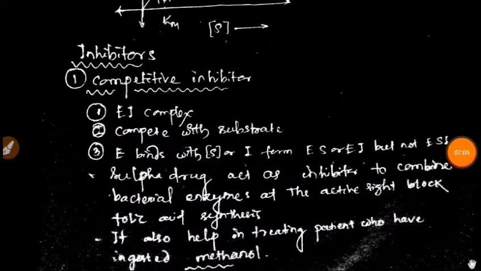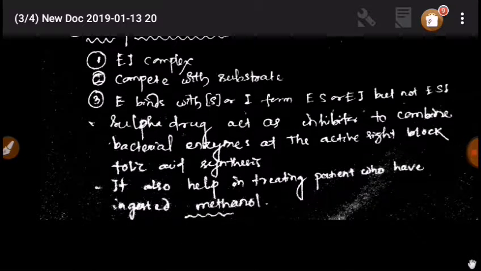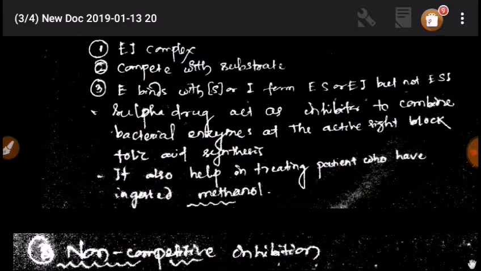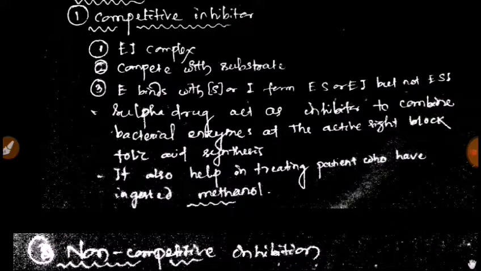So substrate and inhibitor combine at different sites. Both complexes break down to produce reaction product. Here the inhibitor and substrate bind to the enzyme simultaneously.